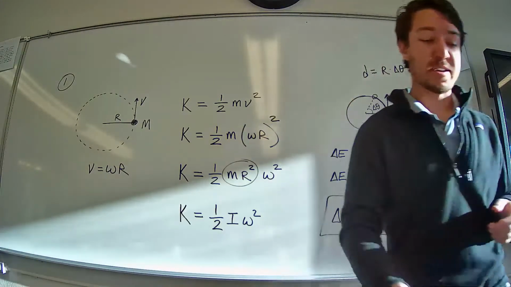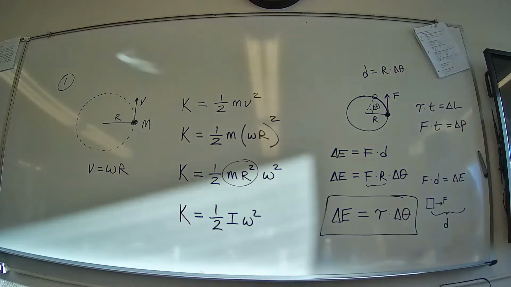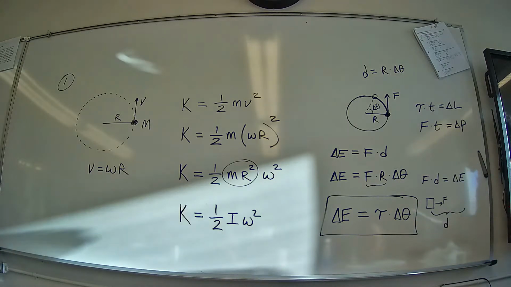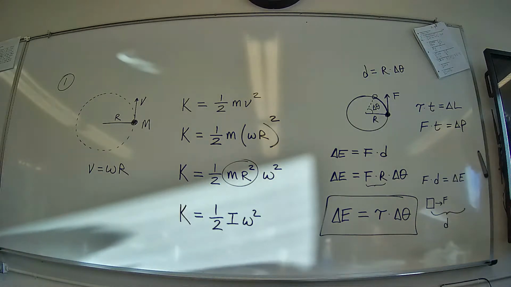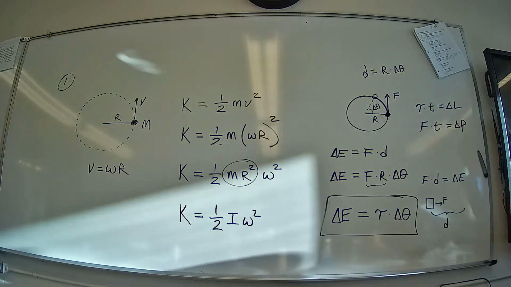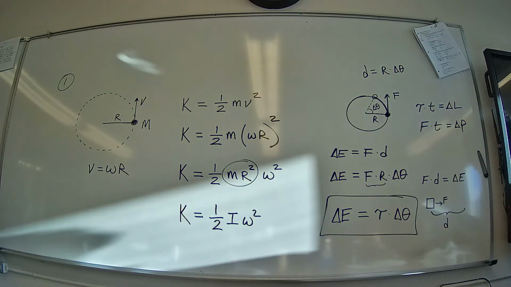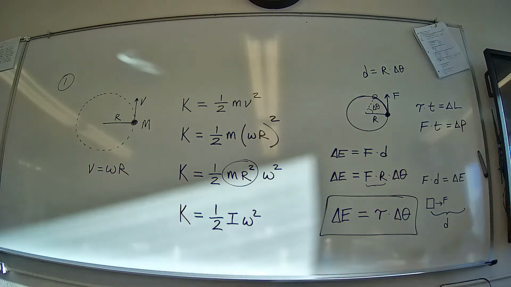While I erase the board here, you can get started. So number 2 is basically just asking, say you got a spinning object, can you relate the energy of that object to omega and L?